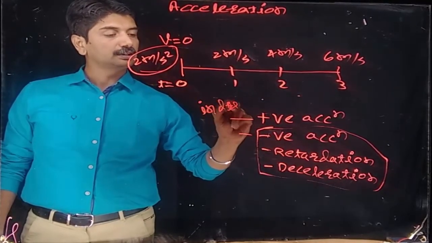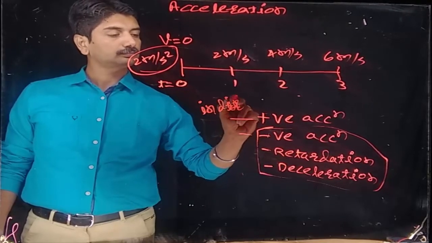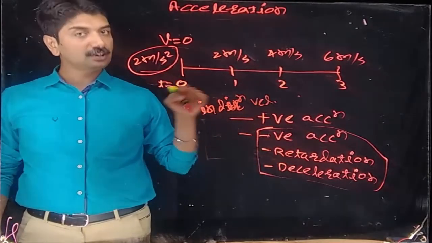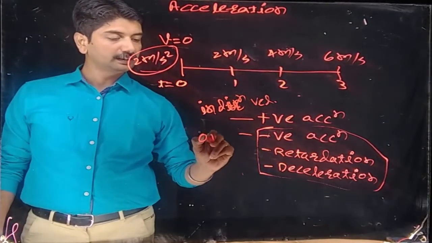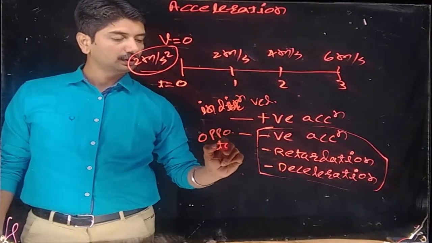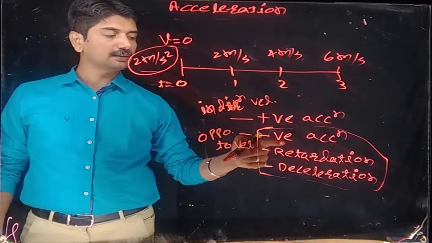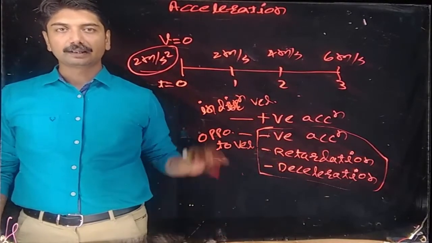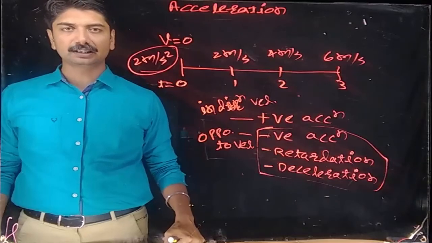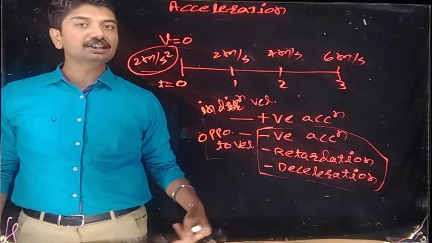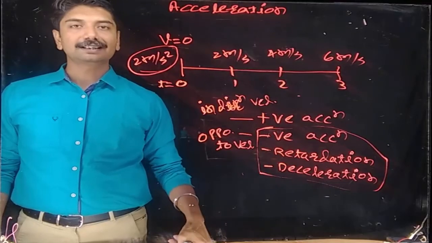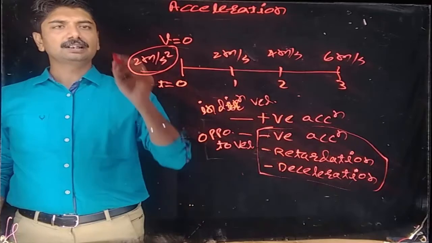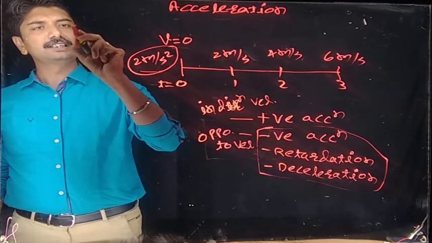And if the acceleration is in the opposite direction of velocity, it is called negative acceleration, or retardation, or deceleration. The famous example is that the accelerator gives positive acceleration, and the brakes give negative acceleration, or retardation, or deceleration.